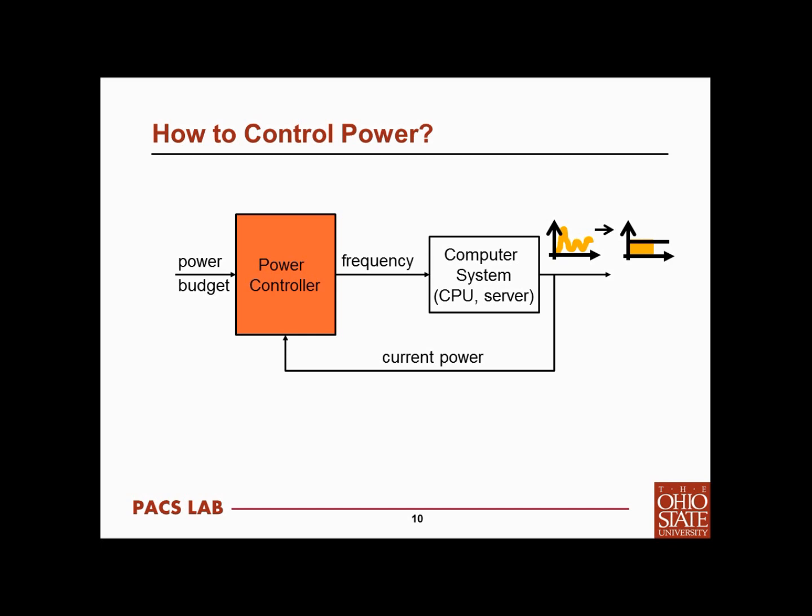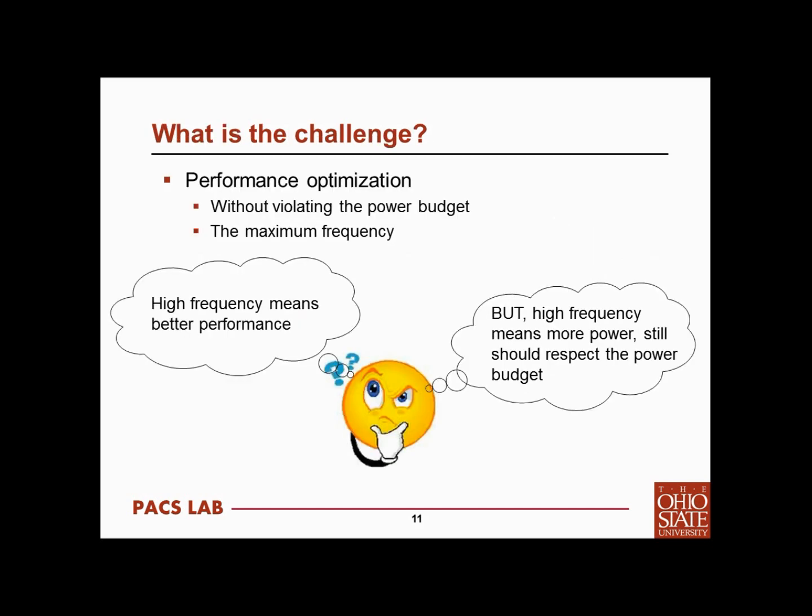This solution looks very straightforward. However, the power control problem is very challenging because of performance considerations. Take frequency scaling as one example. When we want high performance, we can always set the frequency to the highest value. However, if we keep using the highest frequency level, there is a possibility that the power consumption of the system will violate the power budget.